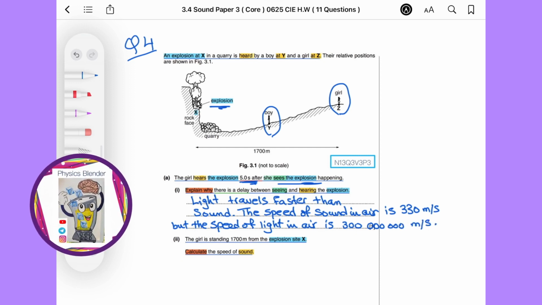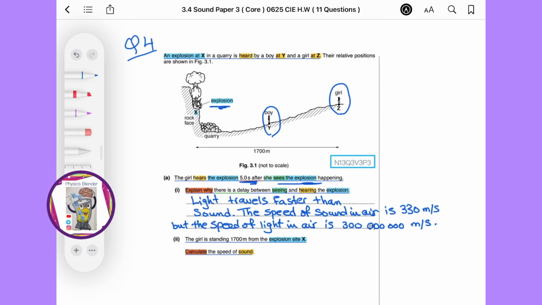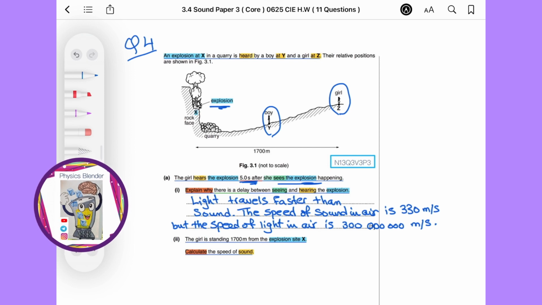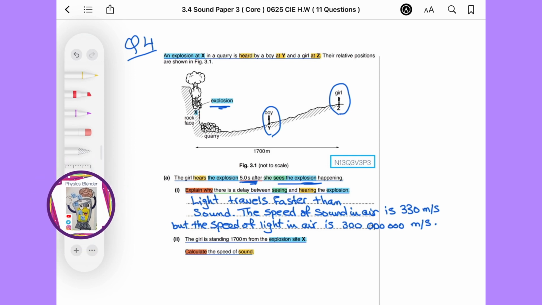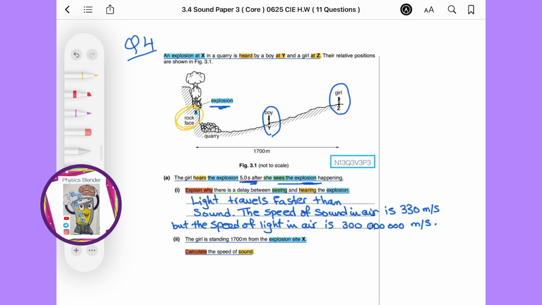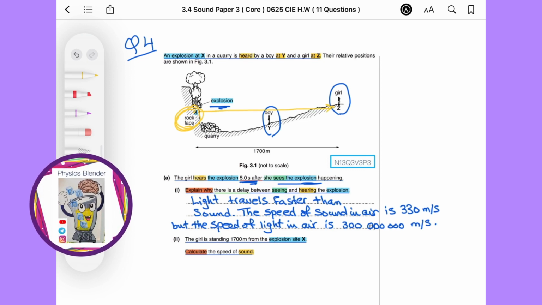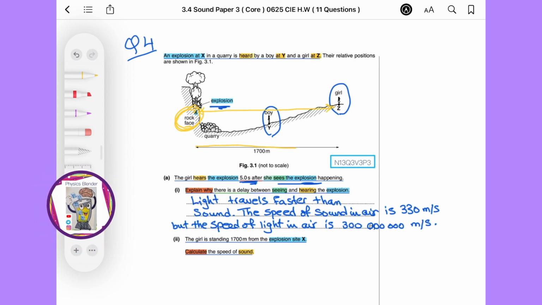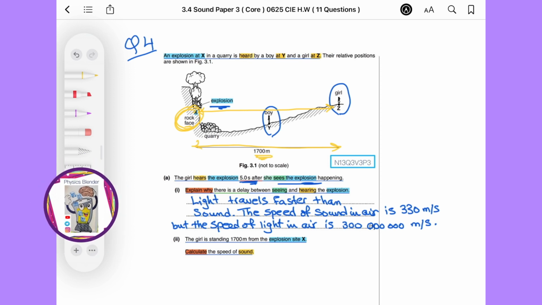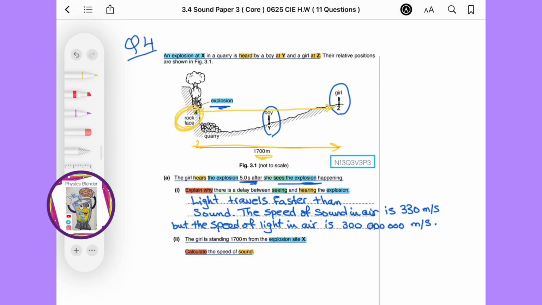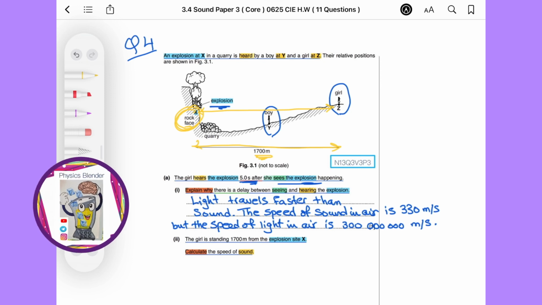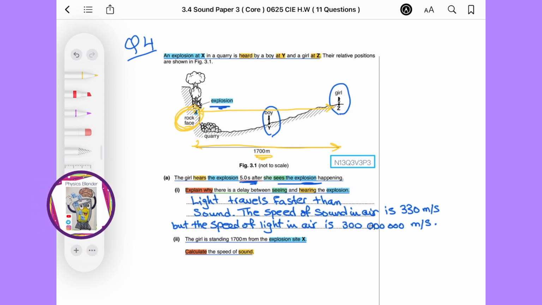Okay, the girl is standing 1700 meters from the explosion site X. So she is standing at this distance, and it's mentioned already, 1700 meters. The girl calculates the speed of sound. Okay, here guys, pay attention.